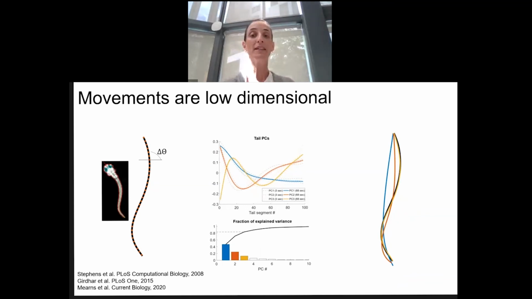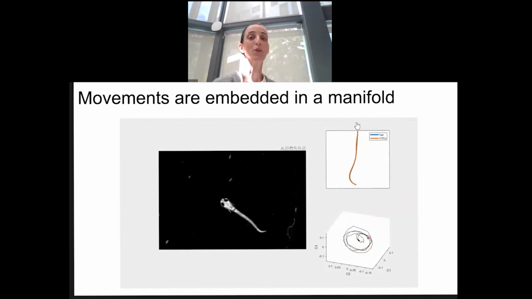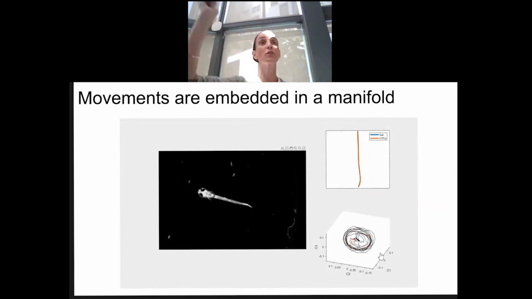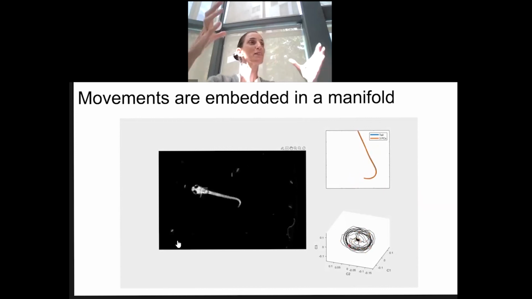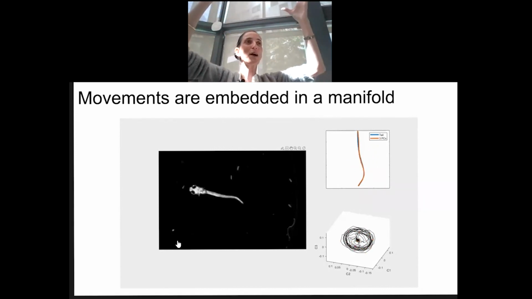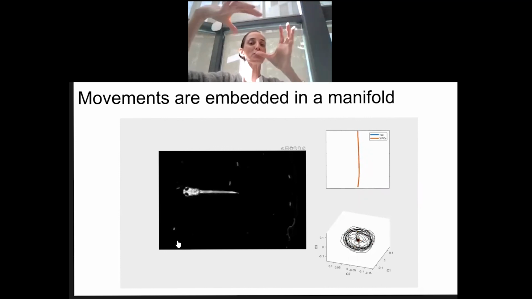If we now look at the dynamics of these PCs, in blue is the real tail, and in orange is the reconstructed tail. This is the dynamics of the coefficients on the PCs. And you can see that this has very interesting dynamics; basically the entire behavior sits on a very interesting structure.